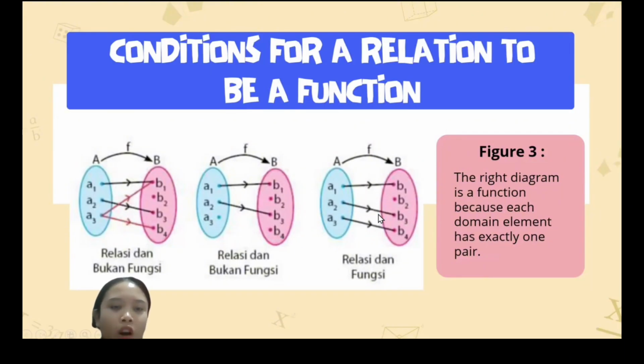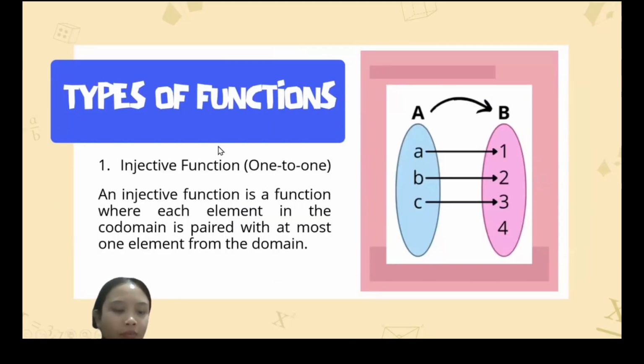Next, let's move on to the types of function. The first one is the injective function. An injective function is a function where each element in the codomain is paired with at most one element from the domain. In this type of function, some elements in the codomain may have no pair.